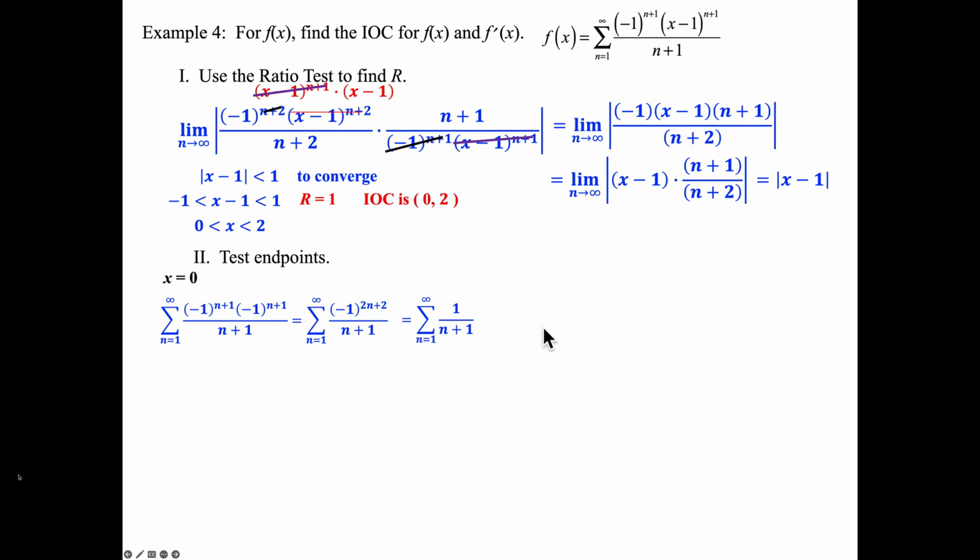Well, wait a minute, this compares to 1 over n, our p-series, or harmonic series, which is divergent. So because our power on our n is 1, that means it's going to diverge.